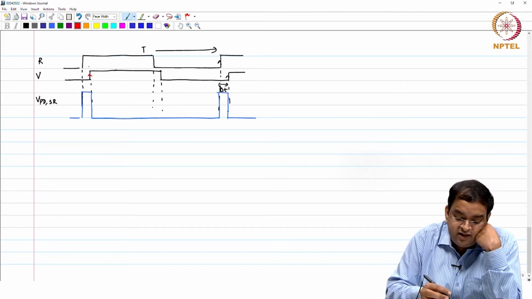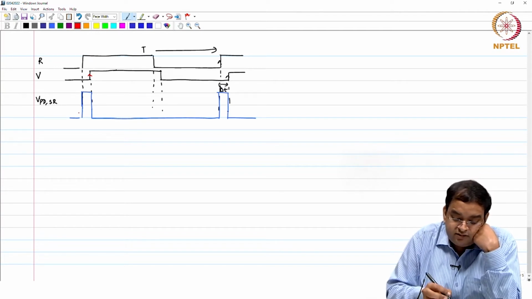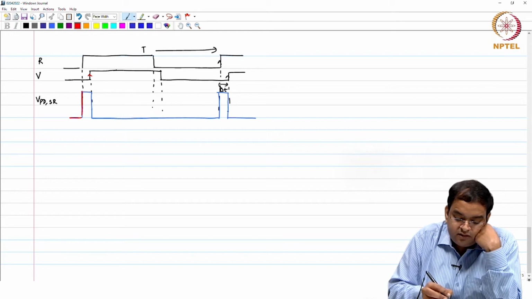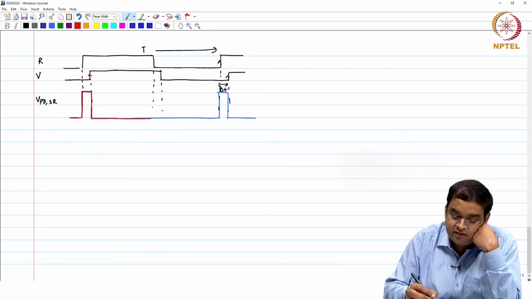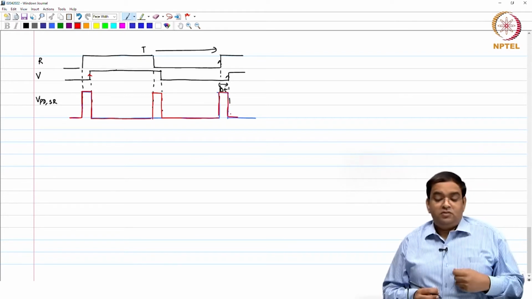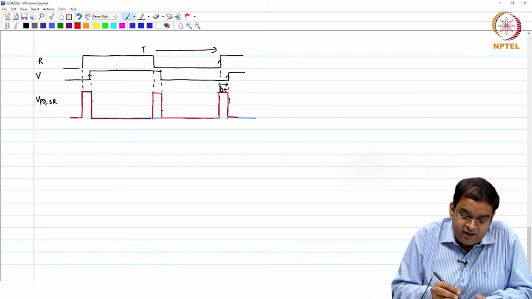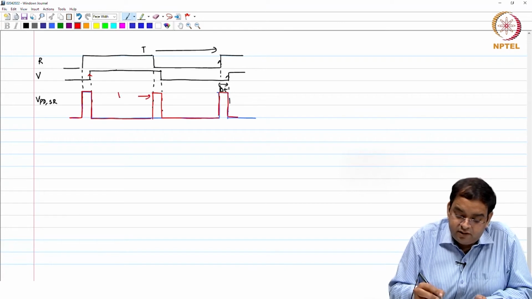So, VPD in XOR case is going to be something like this. Okay. There I use plus A and minus A, other than that everything is the same. It is going to be like this. Okay. So, the red one is VPD XOR.